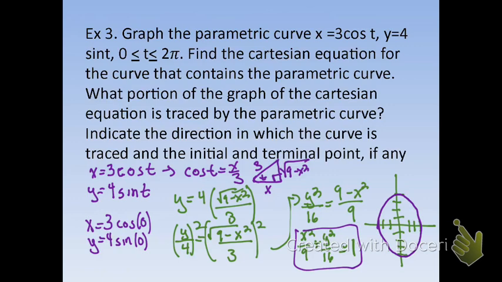This gives me x equals 3. This gives me y equals 0. So we start at 3, 0. That's my initial point. And then we go this way around.